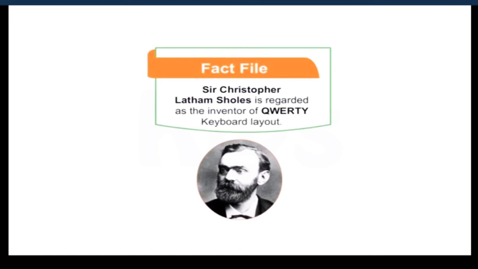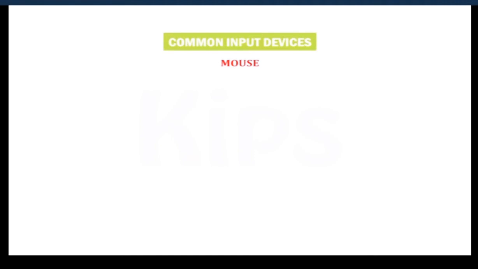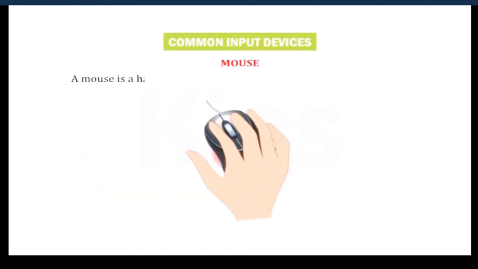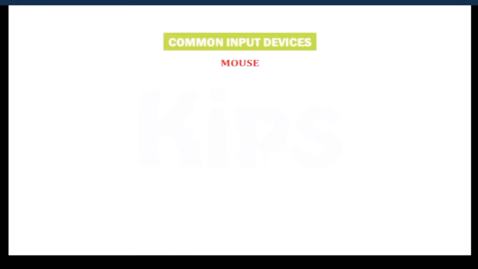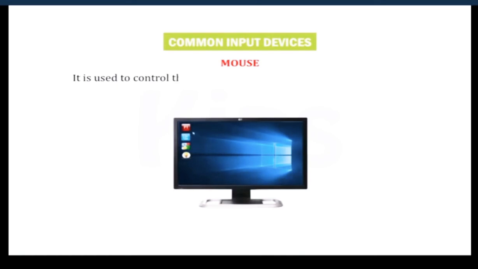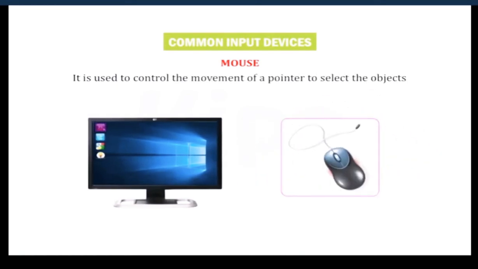Second device, mouse. A mouse is a handheld pointing device with 2 buttons on its top. It is used to control the movement of a pointer, to select objects, and to open files or folders.